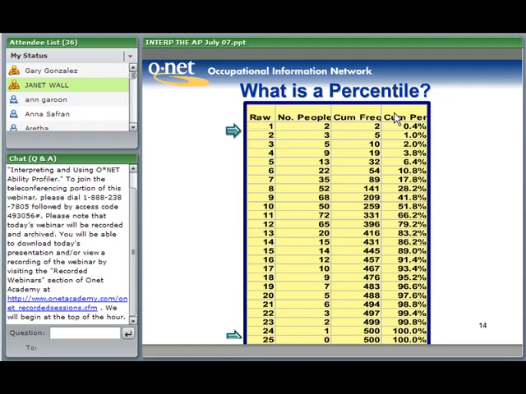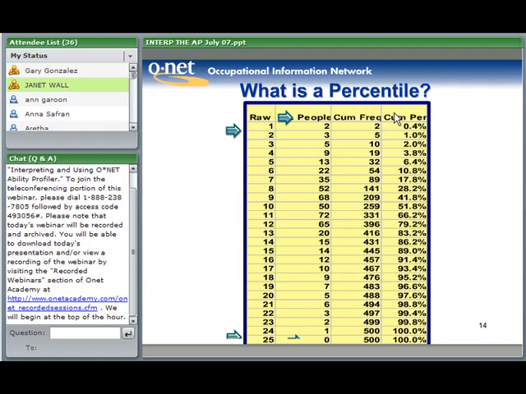For a raw score of 3, there were 5 people that obtained that. For a raw score of 4, there were 9 people that got that, and so on down the line. So we just keep indicating in this column how many people got each of those scores. So we see for a perfect score, there were no people.